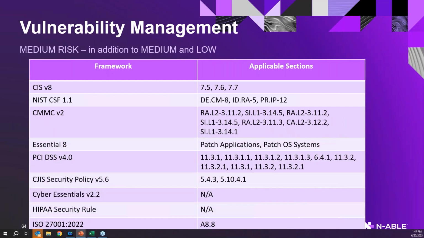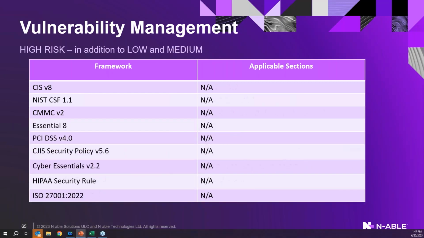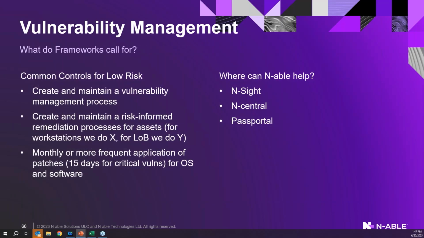When we move up to medium, you'll see there's even more frameworks that are asking for it. But by the time we get up to the high risk, the assumption is, well, everything's been done at this point. These are such basic principle things that you shouldn't be waiting for a high risk environment to be implementing them.